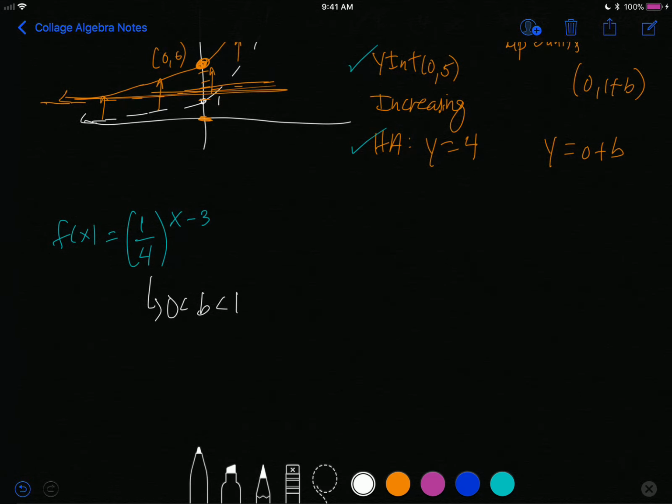It's between 0 and 1, and that means I have exponential decay, a decreasing graph. And then this x minus 3 right here is a shift. Remember, you have to do the opposite of what you see. So it's going to be a shift to the right 3 units.